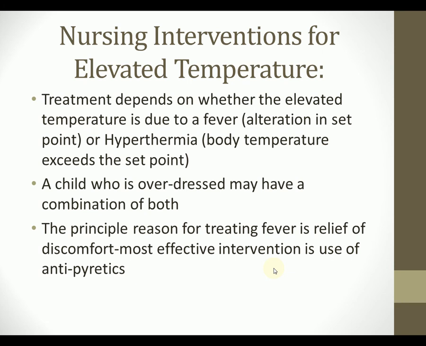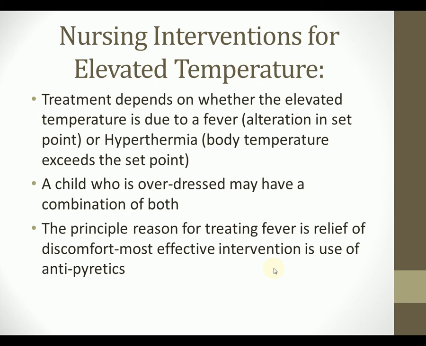Nursing interventions for elevated temperature would be treatment depending upon the elevated temperature, whether it's due to fever, which would be an alteration in that set point or that thermostat-like area, or if it's because of hyperthermia. And that's the body's temperature exceeding the set point, okay? And that would be like someone who is suffering from a heat stroke.